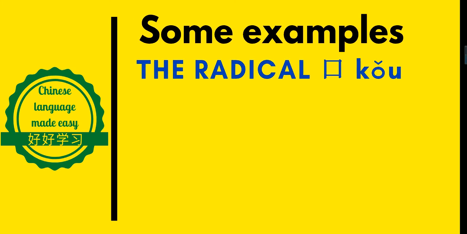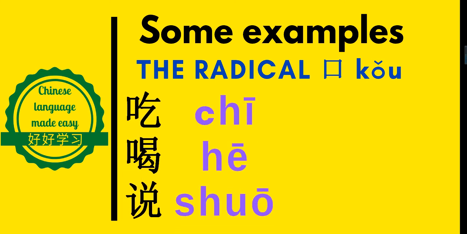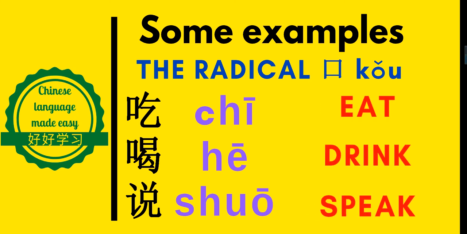Some examples related to this radical sign kou are 吃, 喝 and 说. In English, they are eat, drink, and speak. Now you see that if you want to perform these actions, the mouth plays the vital role.